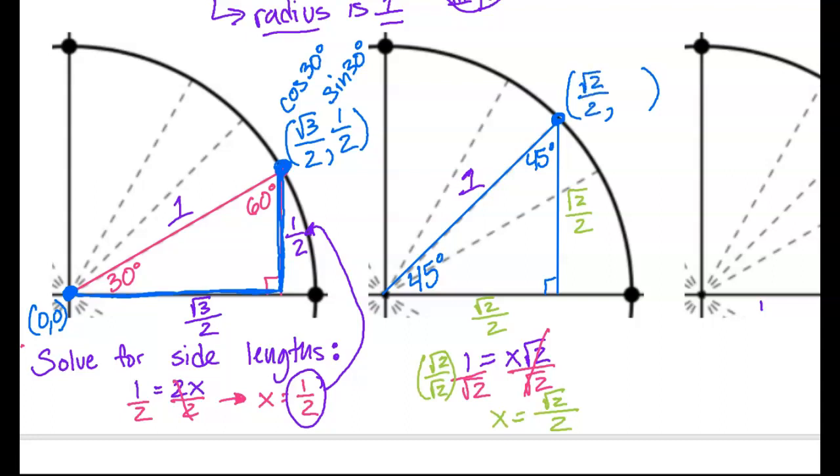Square root of 2 over 2, comma, square root of 2 over 2. Now, this means, what is the cosine of 45? Yes, cosine of 45 is square root of 2 over 2. And that then means that the sine of 45 is also square root of 2 over 2. So yet again, the coordinate point told us immediately the cosine and sine of that angle.